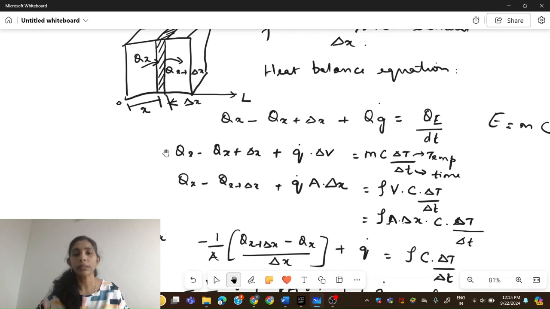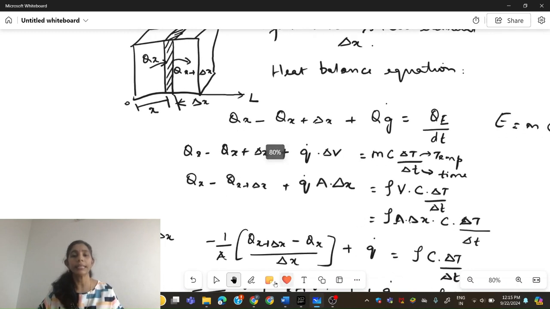The first two terms on the left hand side remain the same. I'm expressing volume in terms of area into thickness: area is capital A and thickness is delta x. Then mass is density into volume, so rho into V into C into delta T. Again, I'm replacing volume with area into thickness.